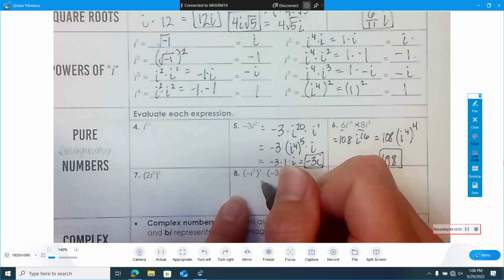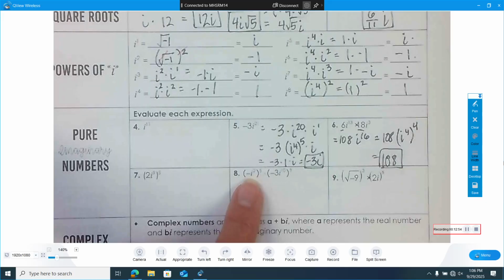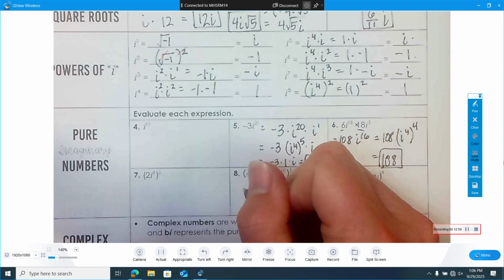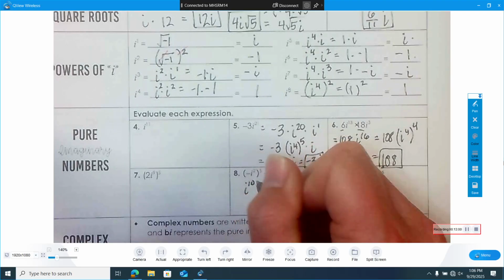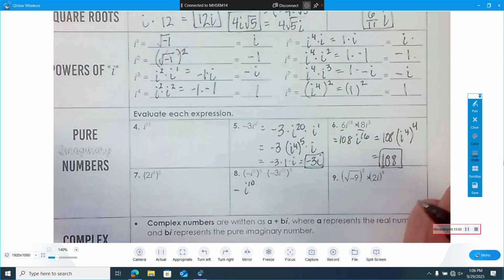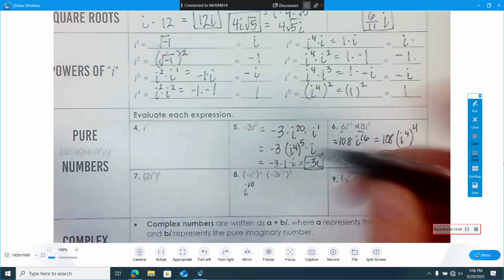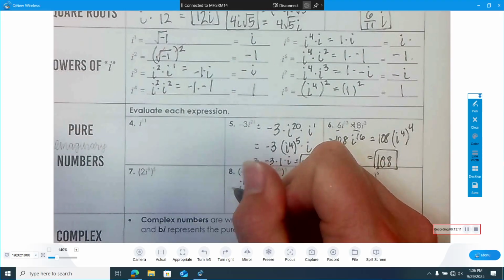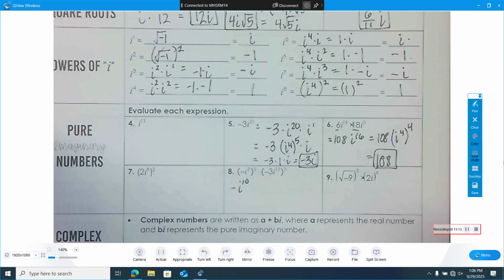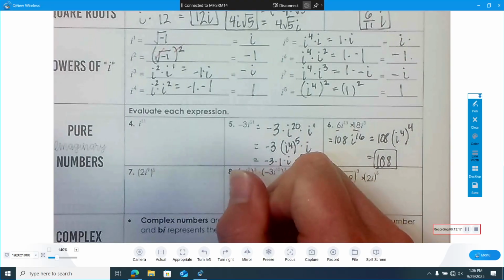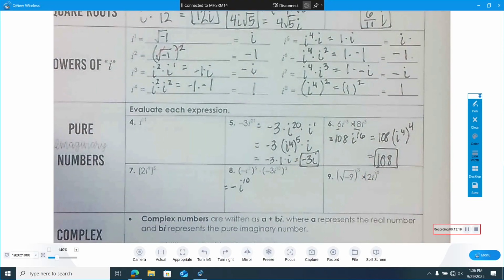My question is, is it i to the 10th or is it negative i to the 10th power? Okay, good. It does keep the negative there.